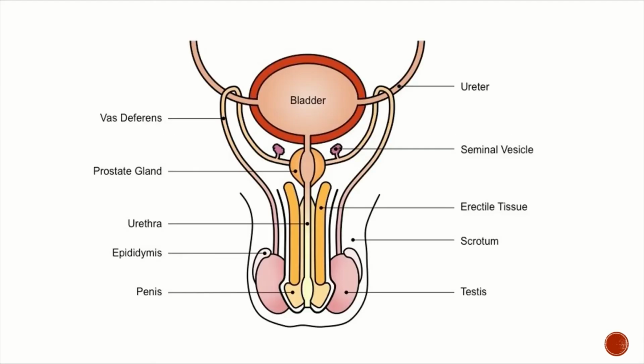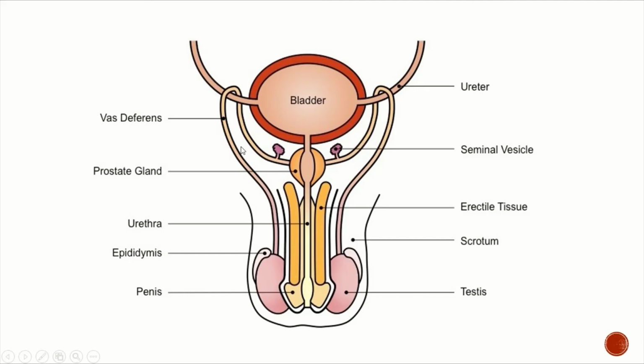Now, reproductive system. Male reproductive system, we have two exterior structures. We have the penis and the scrotum. Now, inner structures are testes, the epididymis. This is for production of spermatozoids.